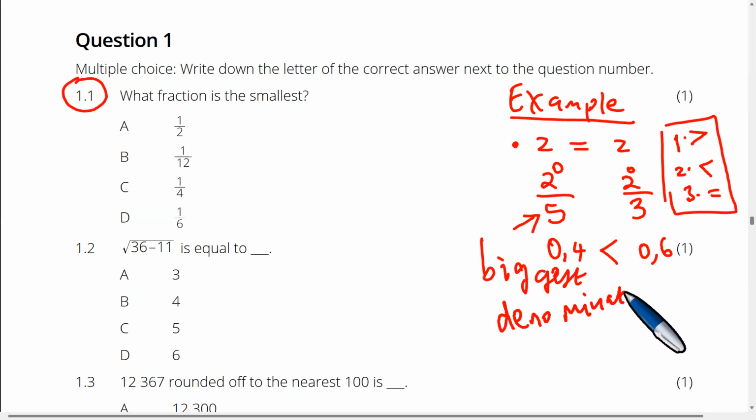So which one is the biggest denominator here? Is it the denominator 2 or 12 or 4 or 6? What do you think? Denominator 12. And therefore, if we ask which one is the smallest one, the smallest one is 1/12.